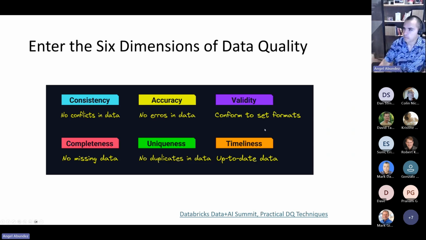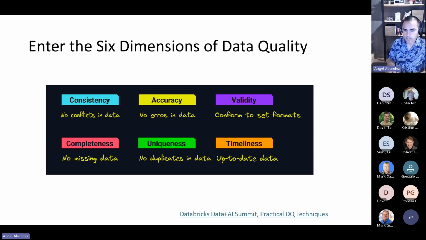The other thing that we check for is timeliness, or we like to call it data freshness. Every 20 minutes, are we getting the data for the past 20 minutes? Or is something wrong with the data source?